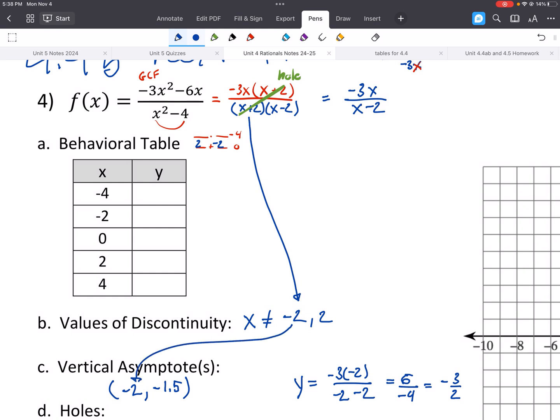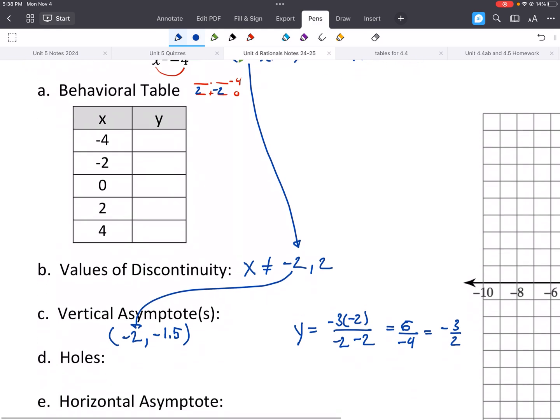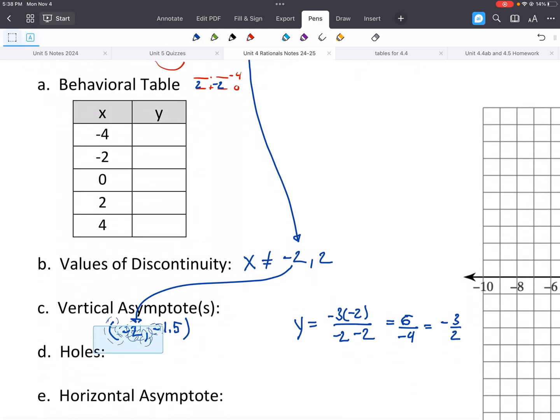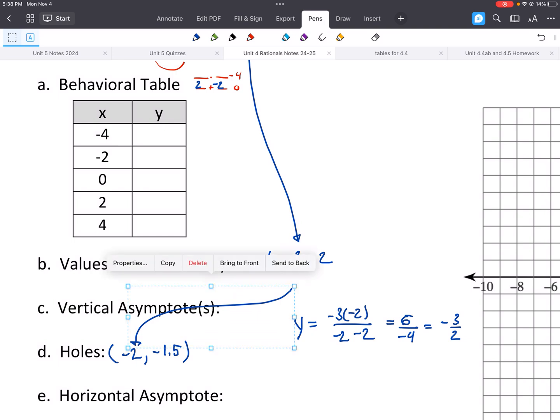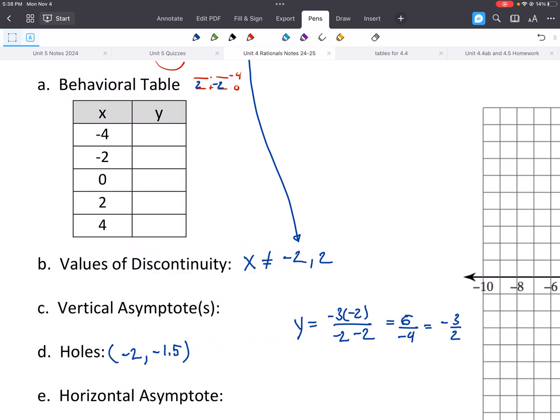And then what's left has to be our vertical asymptote. Sorry, I probably should have drawn that down here. So our asymptote would be x equals 2. You see we have both of those values: the hole is the negative 2, and then the 2 is the vertical asymptote.